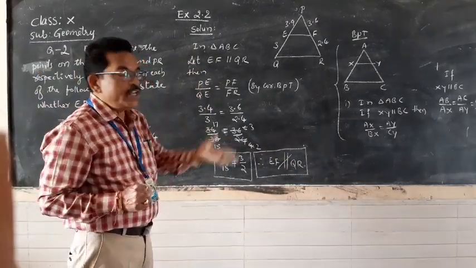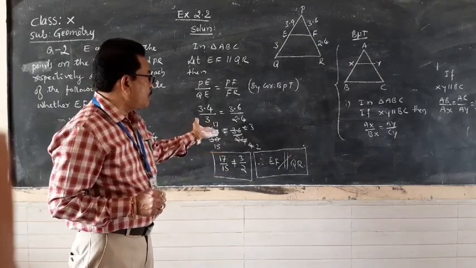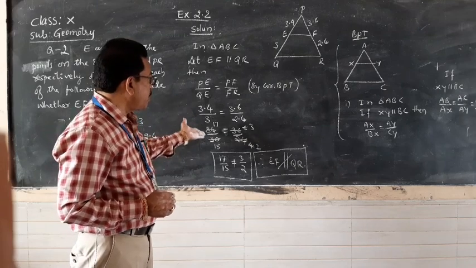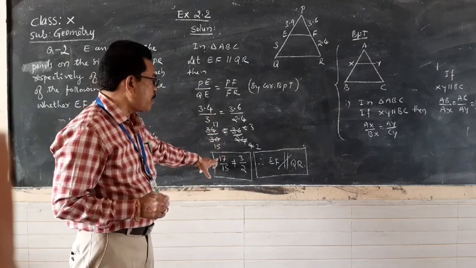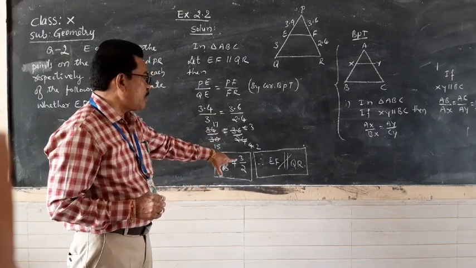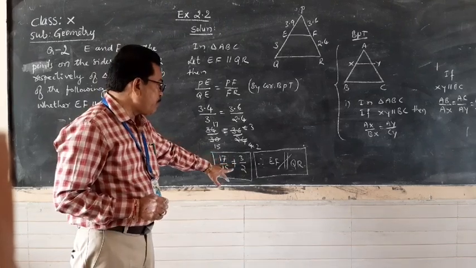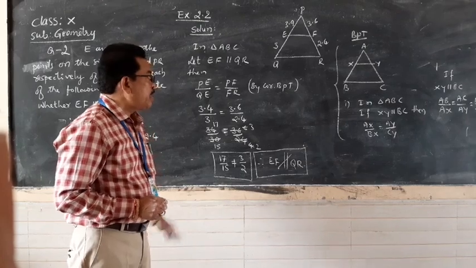Because according to the condition given, the proportionality must be equal, that is 34 by 30 and 3.6 by 2.4. After simplification we got 17 by 15 and 3 by 2, but actually 17 by 15 is not equal to 3 by 2. Okay, now write down.